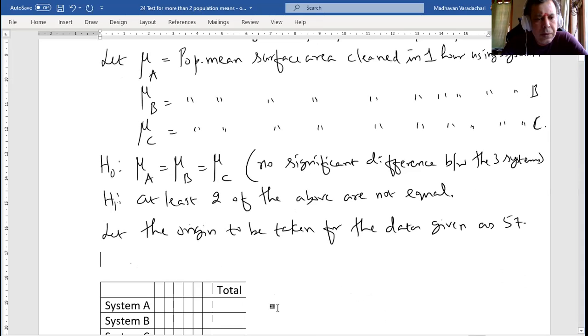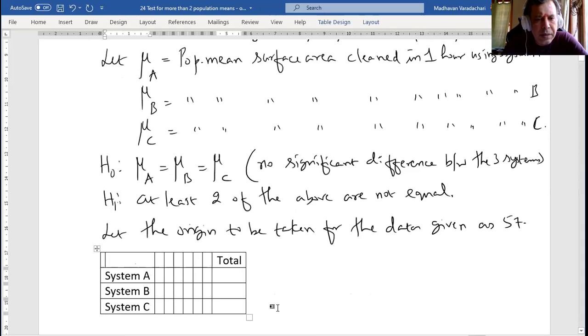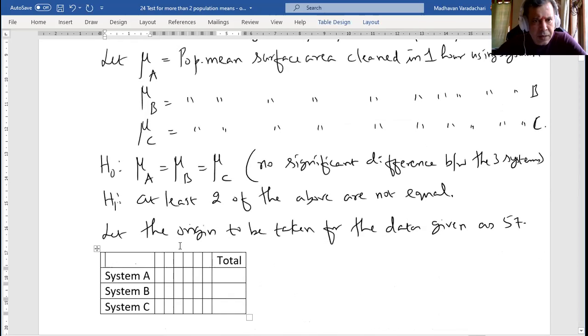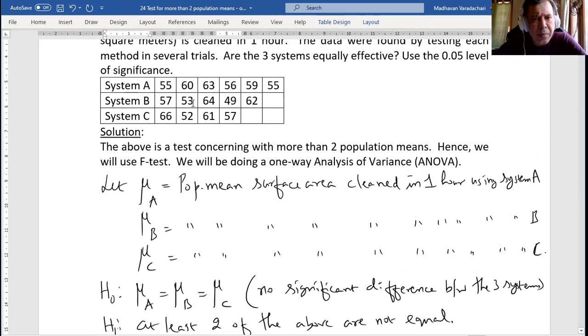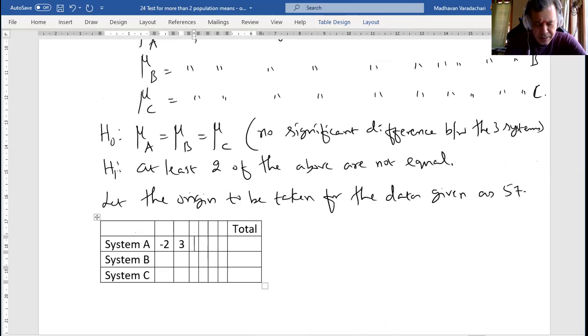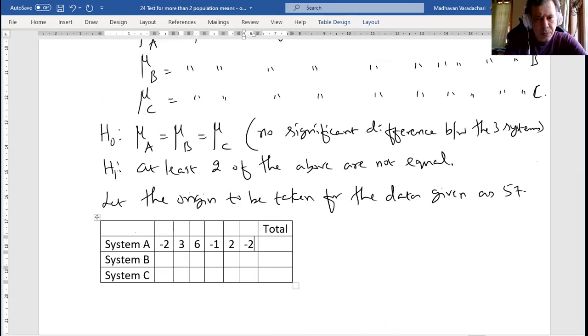So the same table is given here. 55 minus 57 is minus 2. 60 minus 57 is 3. 63 minus 57 is 6. Likewise, I can write all the values. So it is minus 2, first value, then 3, second value, then 6, third value, minus 1, 2, minus 2.